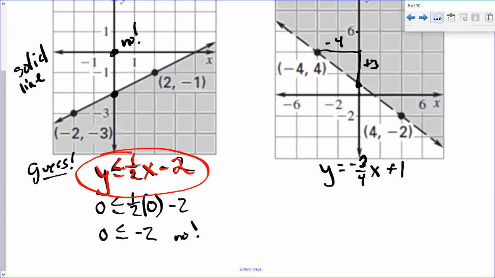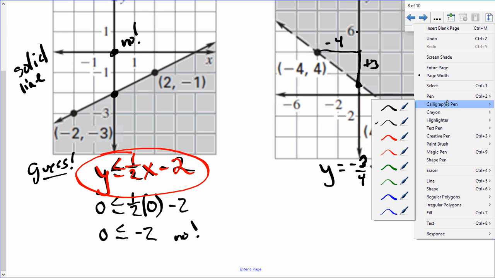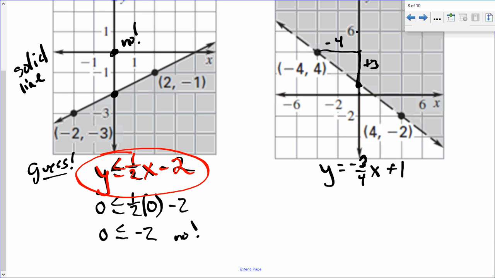The next thing that I know is, since I see the dotted line, that means there's no equal to. So I'm going to guess y is going to be less than -3/4 x plus 1 if, let's see if this is true, 0, 0.